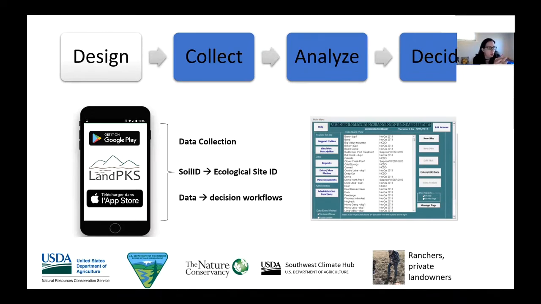And in the future, I'll be working with Jeff to explore what a mobile data collection app would look like and develop that in partnership with BLM. We're going to split out the soil ID component of Land PKS into a separate app that we'll be building, most likely in-house here at the Jornada.